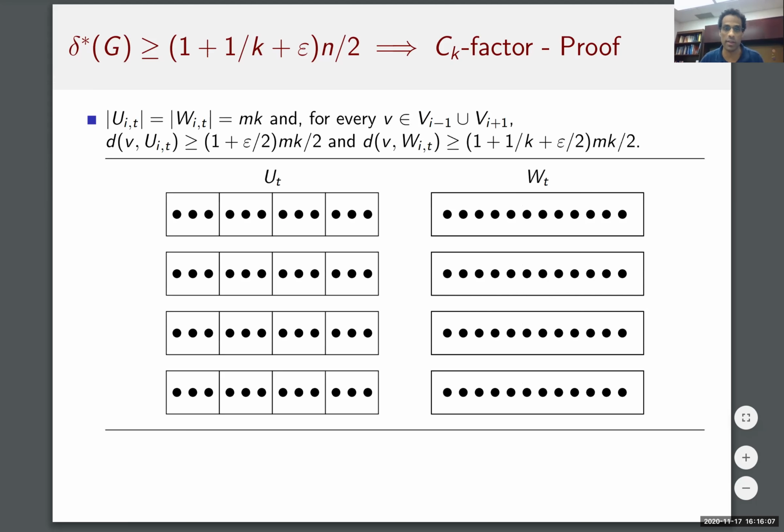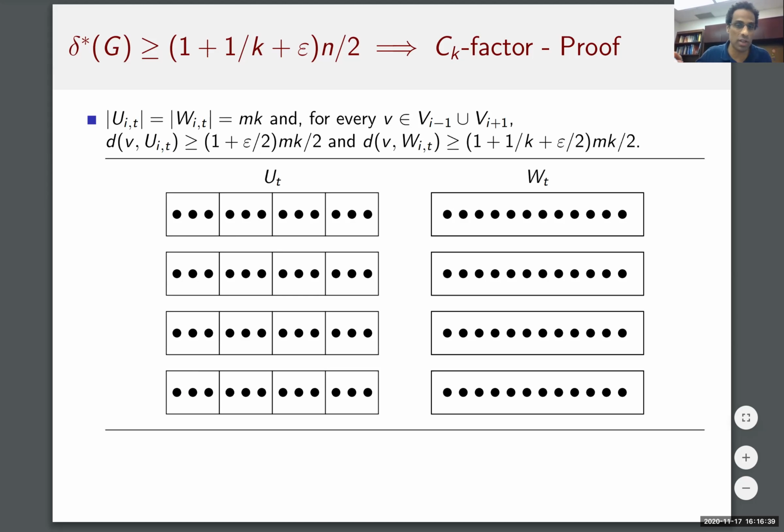Well, I do another random partitioning now of the uncovered part. I split it up into K parts. So this was size MK before. Now each one of these parts will be of size exactly M. Each one of these smaller parts are now of size exactly M. And again, it's a random partition.